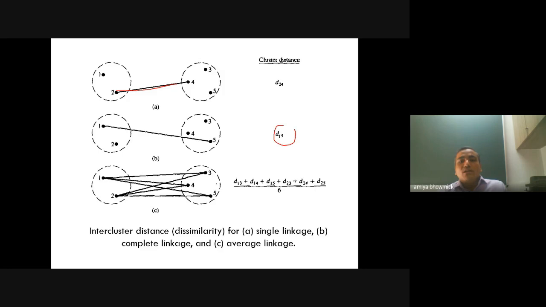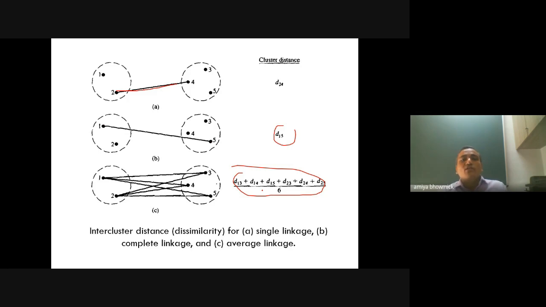The second one is called complete linkage, where, as you see, these points maintain the maximum distance. And the third one is average linkage, where it calculates all the distances and takes an average of them.